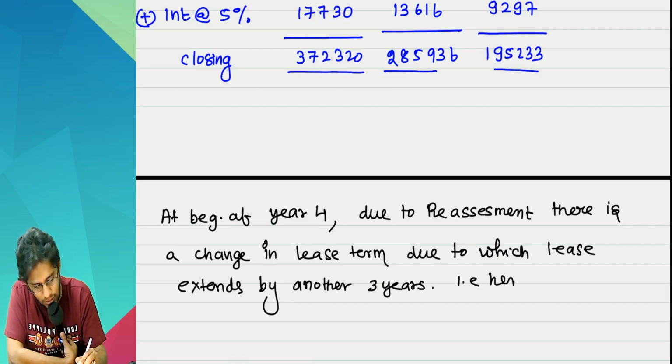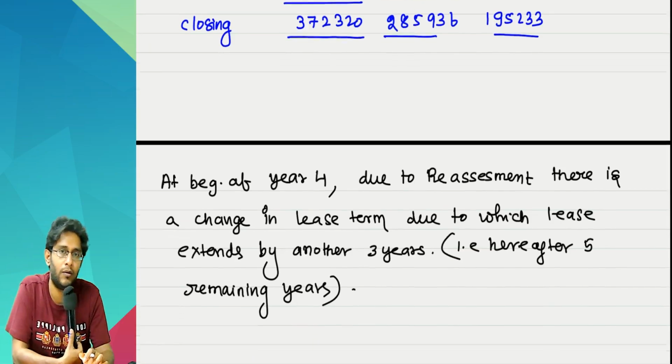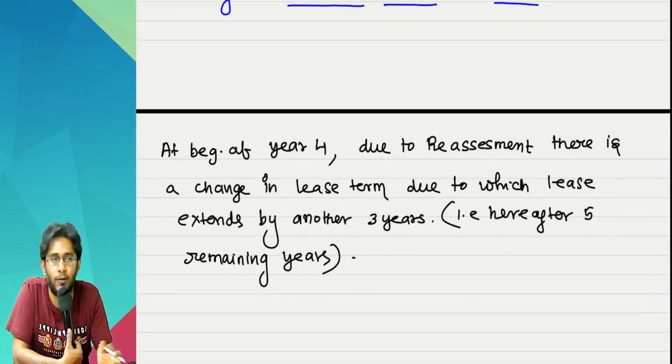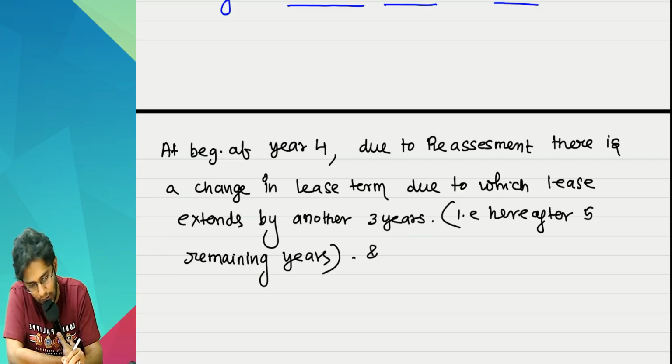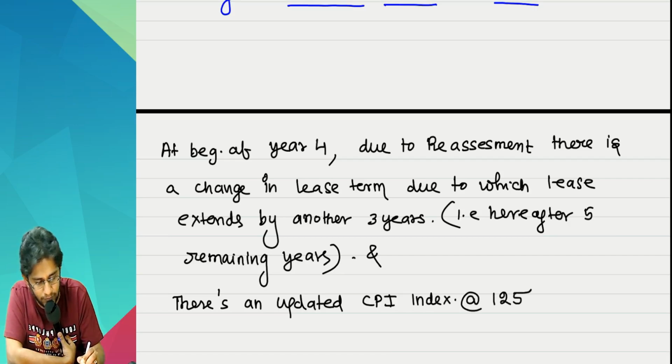That is, hereafter 5 years, 5 remaining years. Original 5 plus 3, 3 over, remaining should be 5. And there is an updated CPI index at 125.